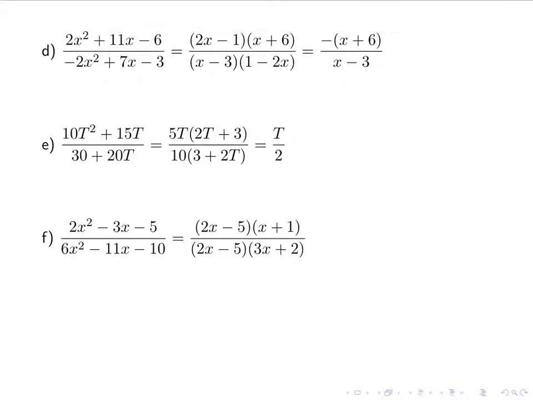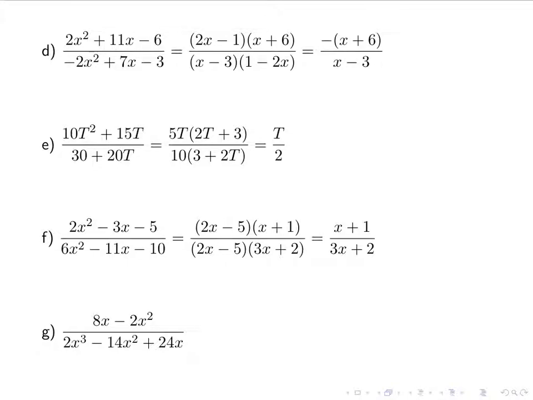So hopefully you did it out on your own, and you're getting the same things here. 2x minus 5 times x plus 1 on the top, 2x minus 5 times 3x plus 2 on the bottom. 2x minus 5 is on both of them, so they cancel. And we're left with x plus 1 over 3x plus 2. Again, notice I can't simplify any of this. There's no other factors that they have in common.